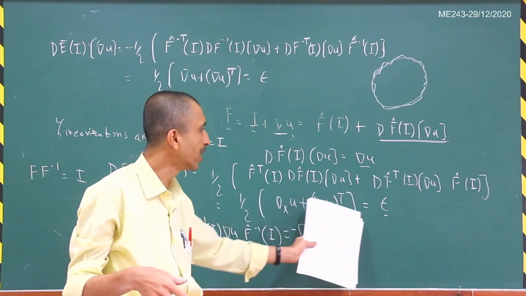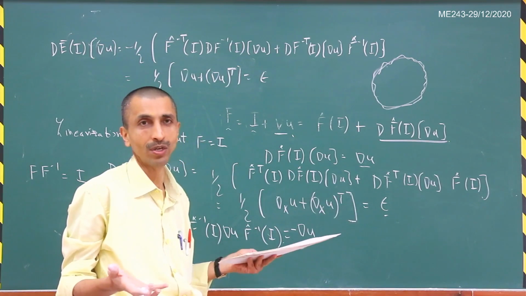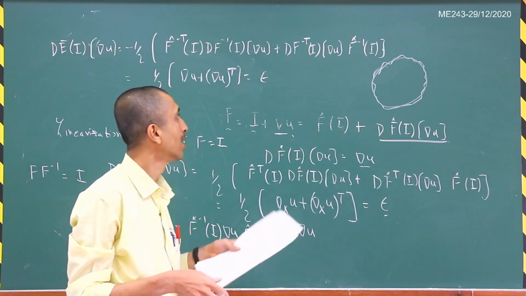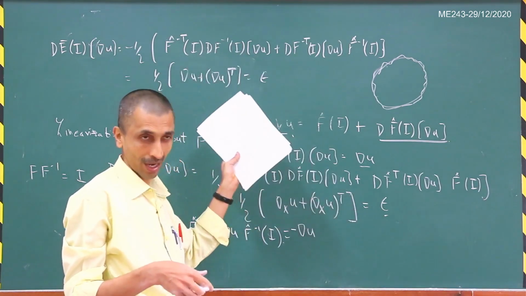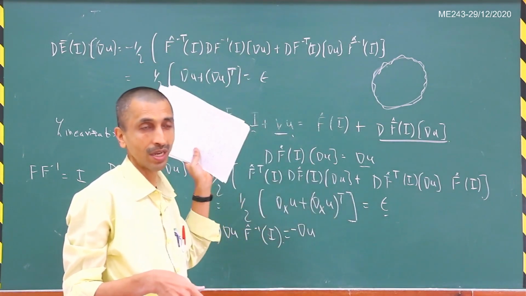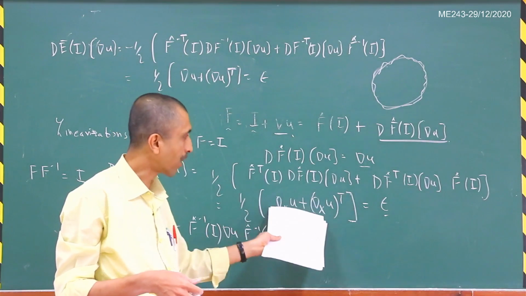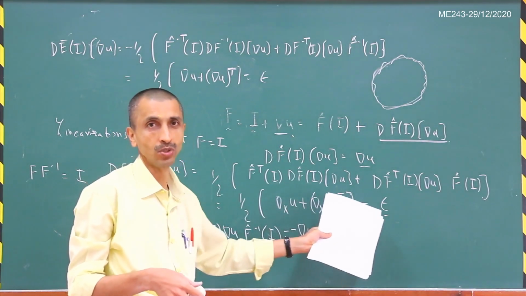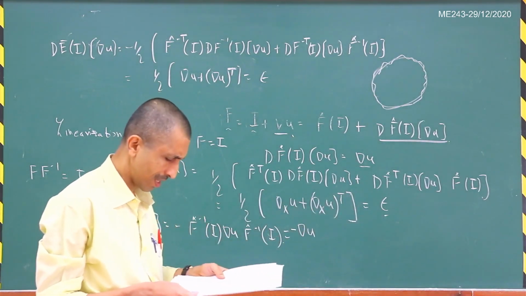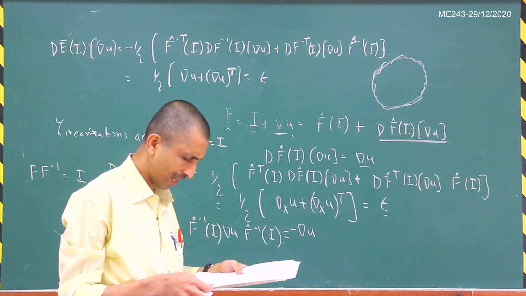So this is the only strain tensor that needs to be introduced in the linear context, because the linearizations of all of these nonlinear strain measures, and we will see some more strain measures, will all collapse into this epsilon, which is the linearized strain tensor here.